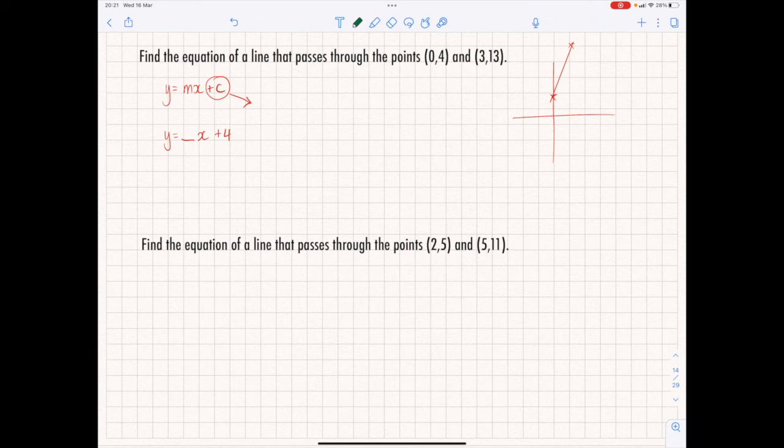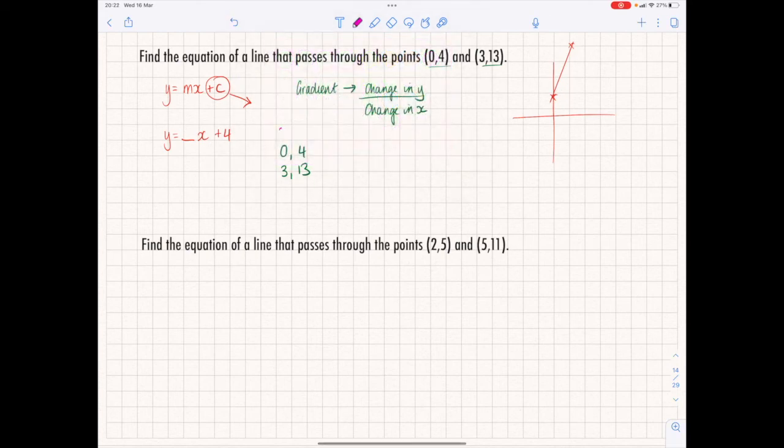Okay, now let's go back to what we spoke about a second ago in the previous part of the video. I need to find the gradient. So gradient is equal to change in y divided by change in x. Now if I know the coordinates, I can use them to help me. So if you're given the coordinates, what you do is you then write them out one on top of each other. So 0, 4, and then 3, 13, and my two coordinates are right on top of each other.